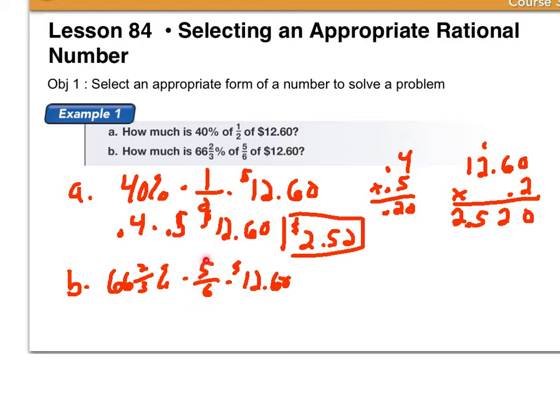This also gives us a repeating decimal, not easy to multiply by. So we want to make these all in fraction form. So the first thing I need to do is convert everything to fractions. So 66 2/3%. We need to figure out what that is as a fraction.